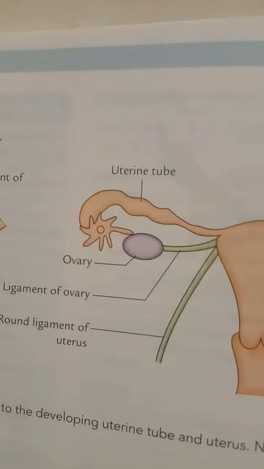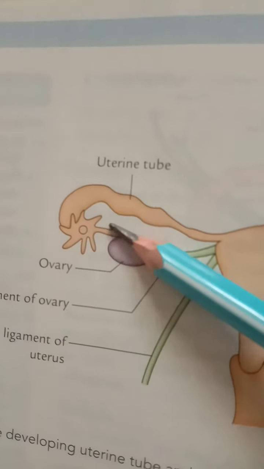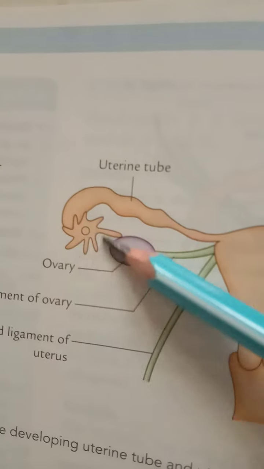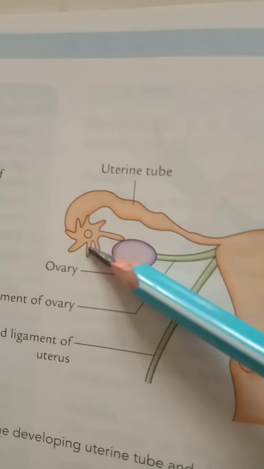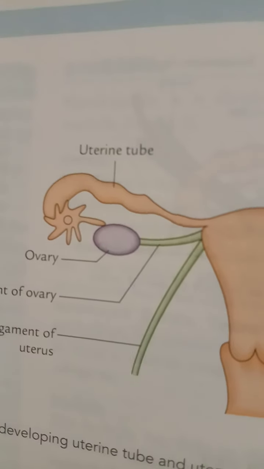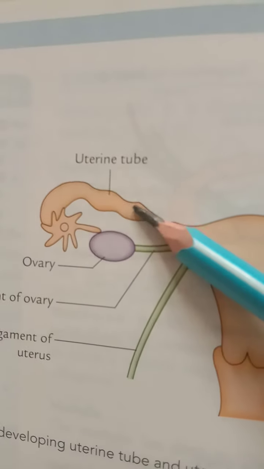In this diagram you can see the ovarian fimbria, and as the ovum comes out, all the fimbria facilitate its entry into the uterine tube.